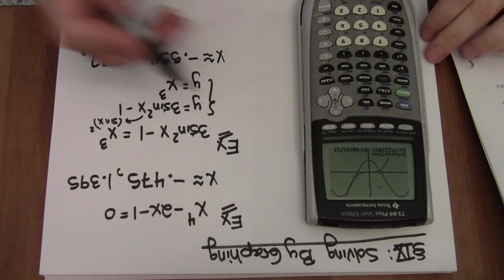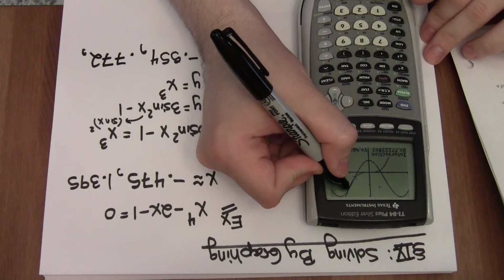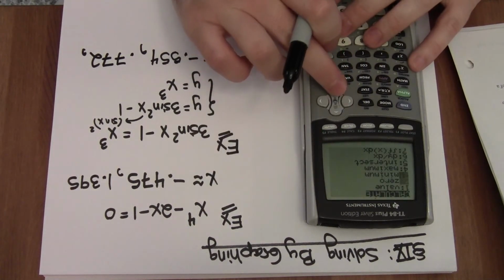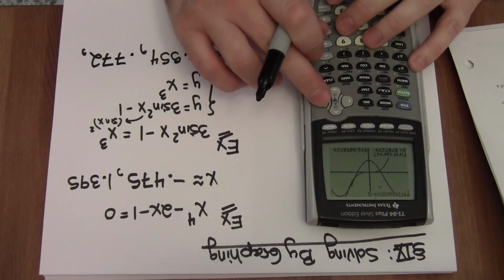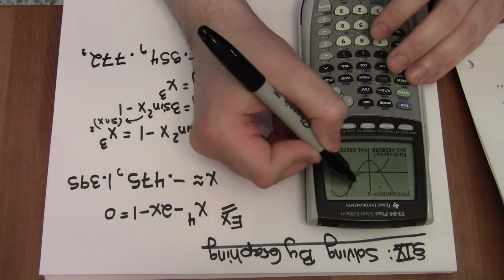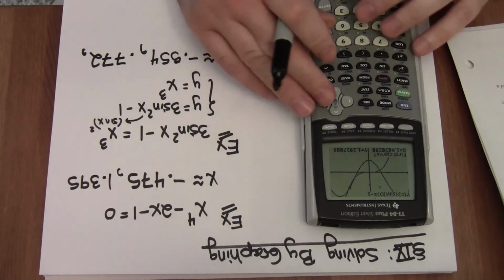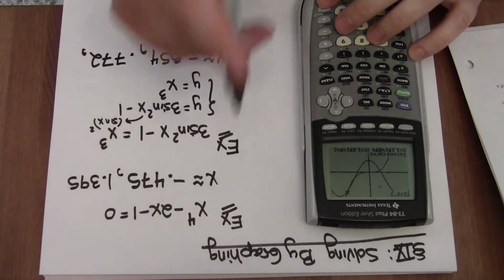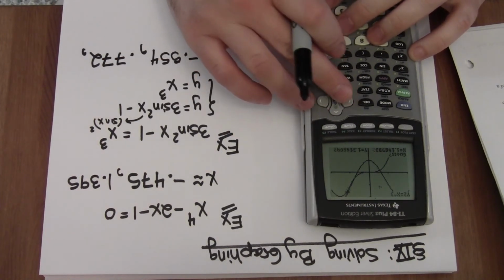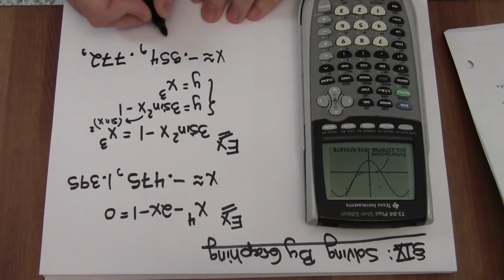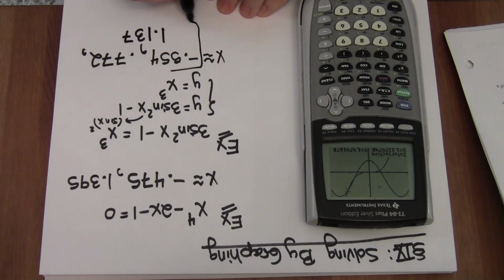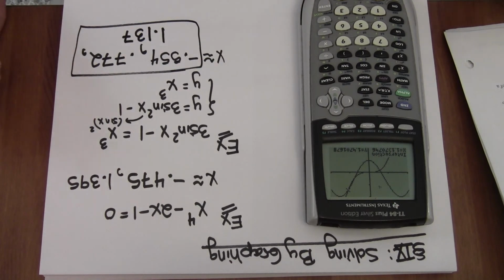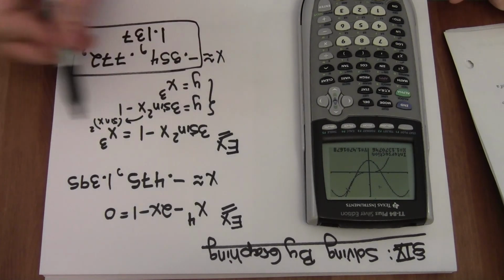I'm going to do this one more time with my guess really close to a point about there. Again, if you don't really like this so much, you could change the viewing window again so it's focusing in a little bit better on that region. My guess is close to that point, and I'm getting about 1.137. These are my three x values that would make that original equation true.